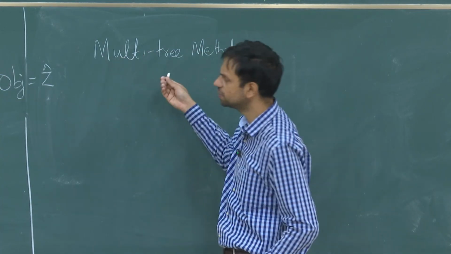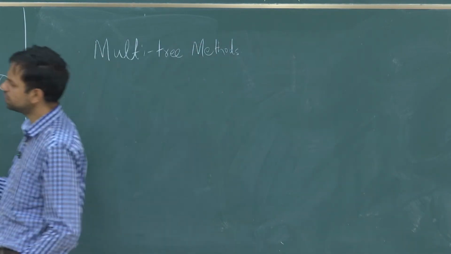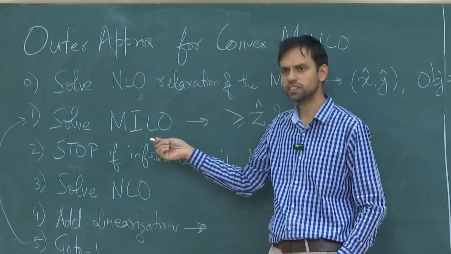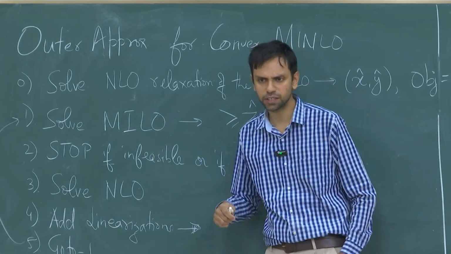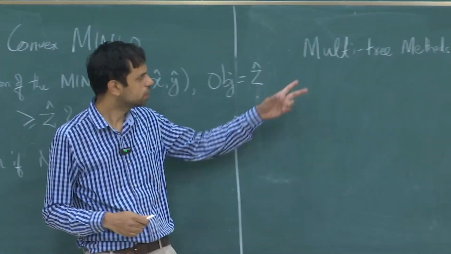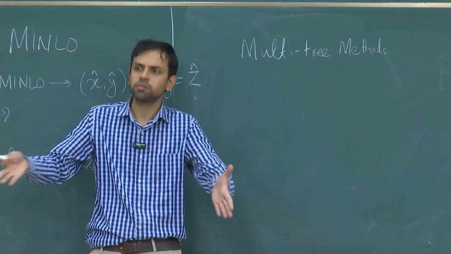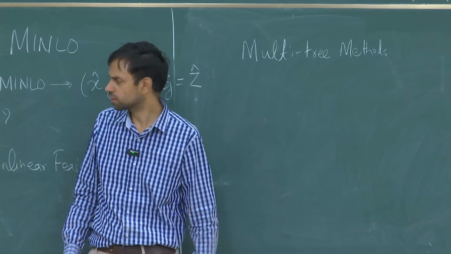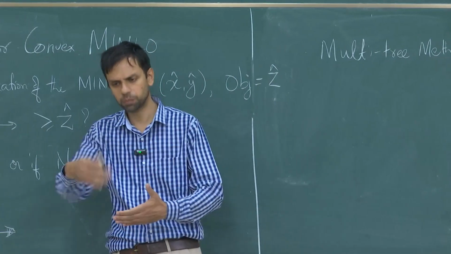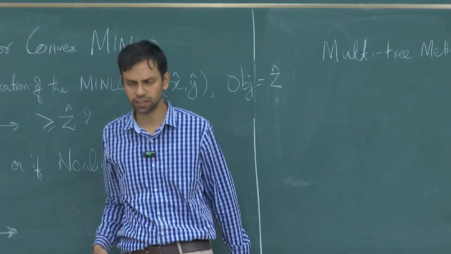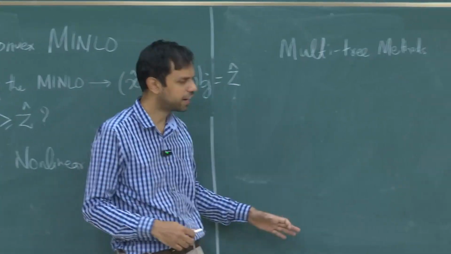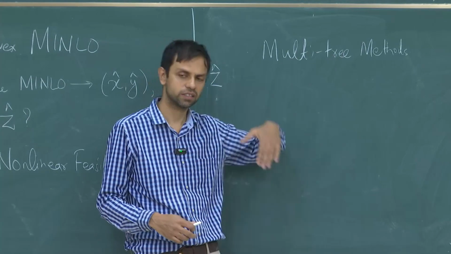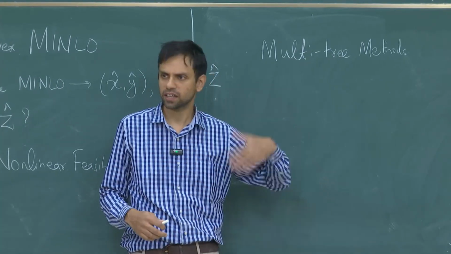And the reason is that in every iteration, or in every step, we are solving a mixed integer linear optimization problem, which is a tree search-based method. So in every step, you are exploring some branch and cut tree, and then forgetting entirely about it, adding some more inequalities, solving it again and again and again.